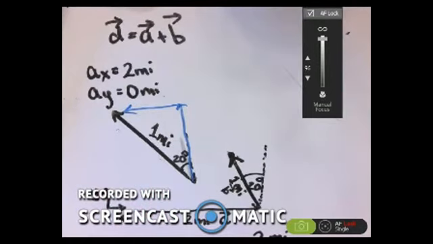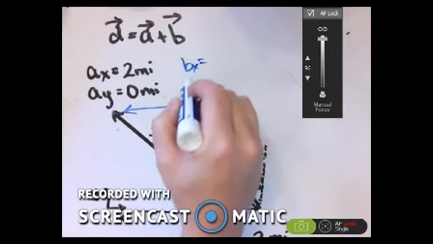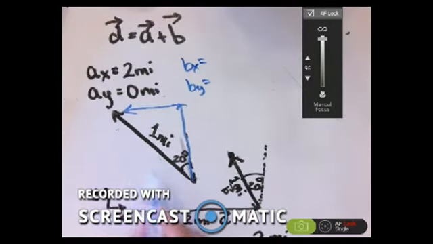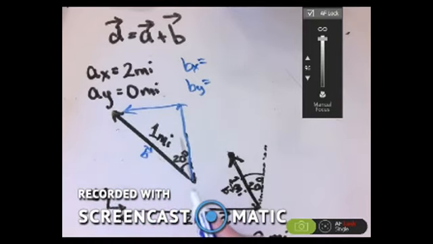So every single angled vector can be magically turned into 2 components. Now the question is, what is the x component and the y component of this angled vector, which we named vector B?